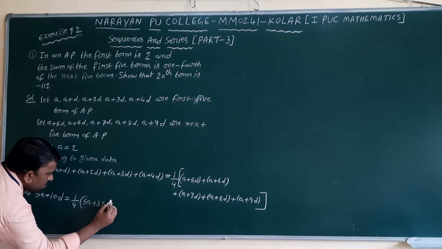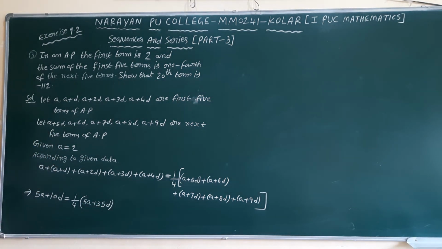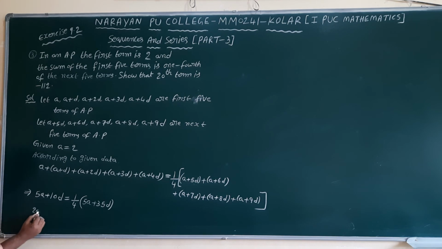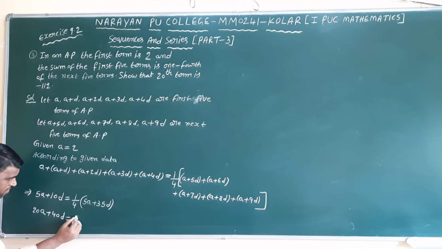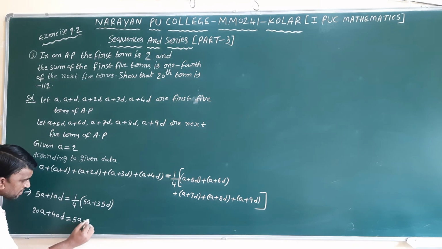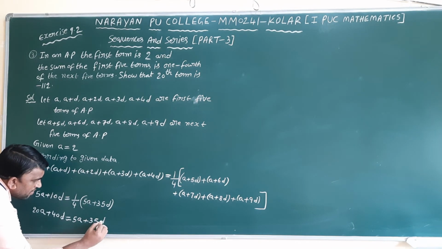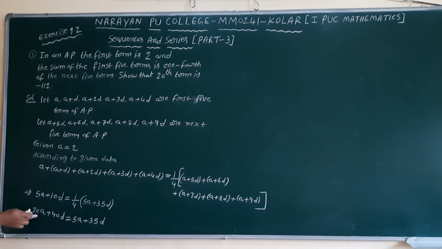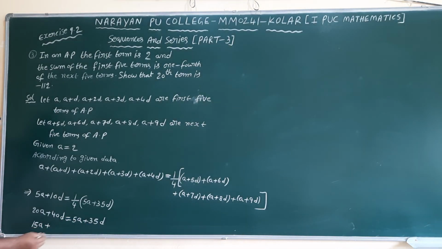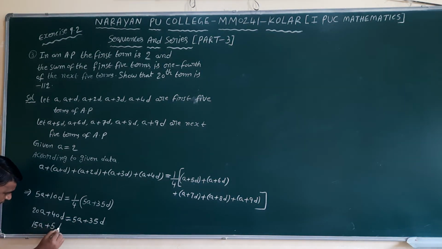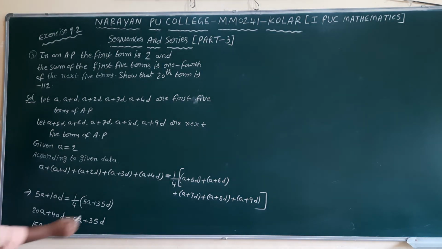So multiplying by 4 on the left side: 20A plus 40D equals 5A plus 35D. 20A minus 5A is 15A, plus 40D minus 35D is 5D, equal to 0.